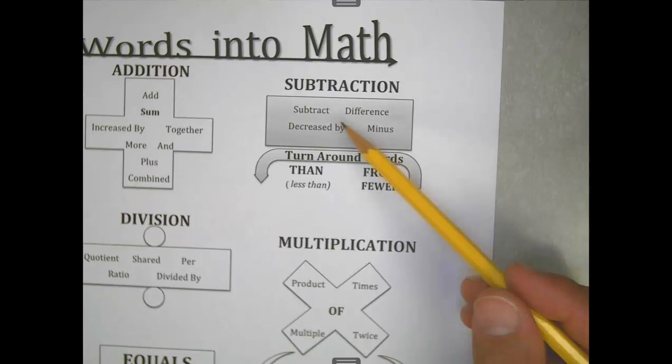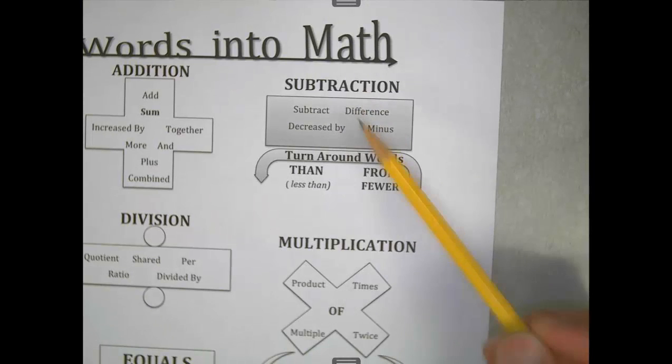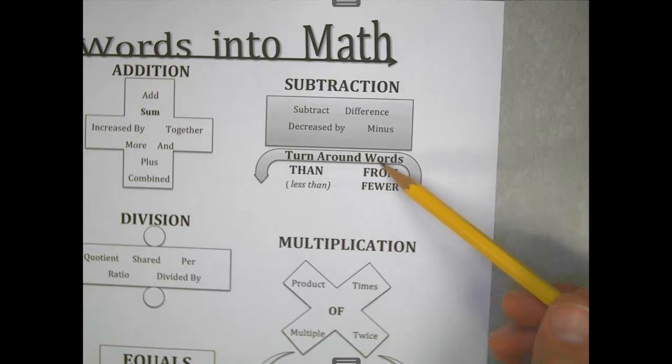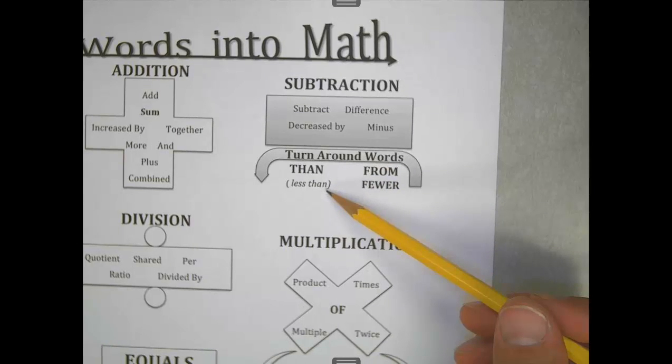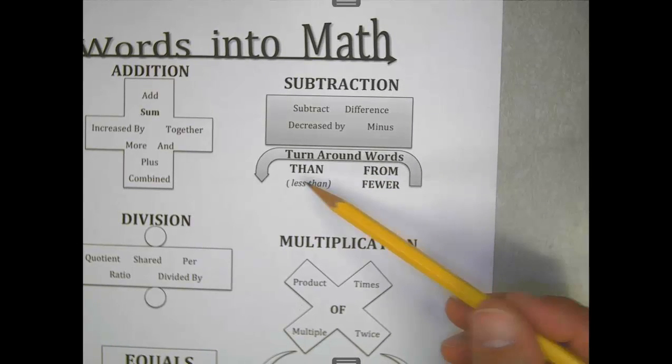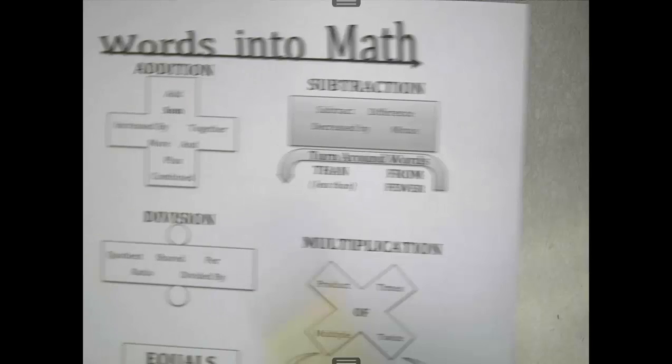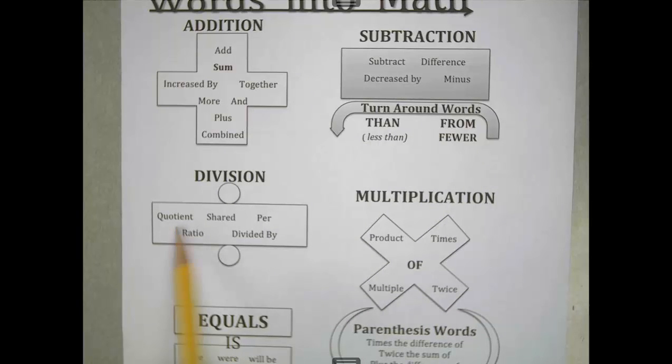Okay, so here's some words for subtraction: difference, decreased by, minus. All right, we're going to call these turnaround words, and we'll talk about what that means in the context of an example soon. When we say less than, that means we're going to turn the math or the English around. All right, so we'll get to that. Division: quotient, shared, per, ratio, divided by. Those are all words that say, hey, we want division.